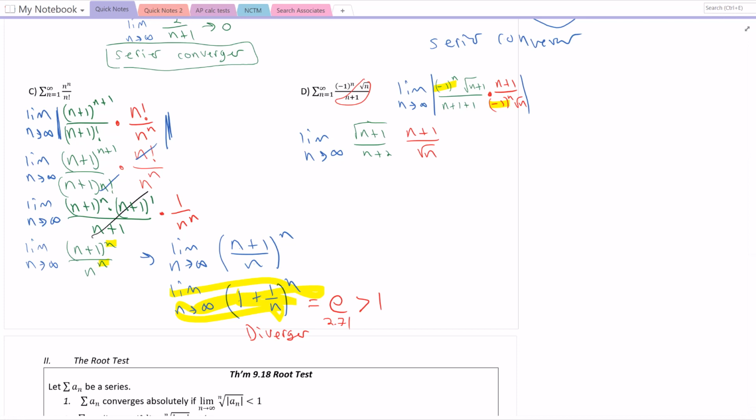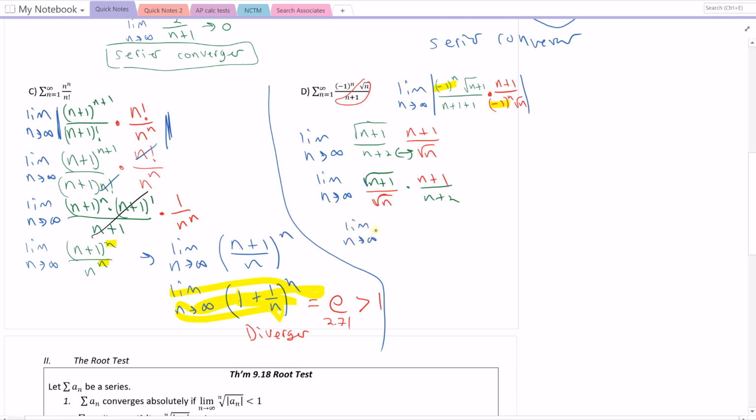In order to do this, we need to rearrange a little bit. We're going to write square root of n plus 1 here, and square root of n over here, right? So notice how I just basically swapped the places of those two things, which is multiplication, so we're allowed to do that. The order in which you multiply doesn't matter.